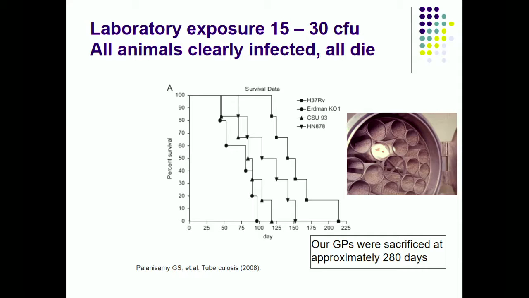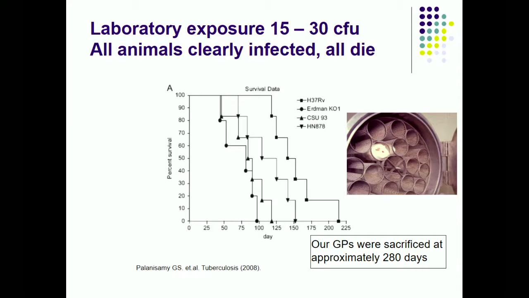Now, the problem is with the laboratory models we have up to date, when the guinea pig is used, very often 15 to 30 colony-forming units are used, and with various strains of laboratory tuberculosis, invariably these animals all get infected by intent, and they all die.